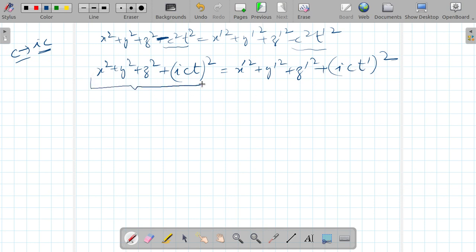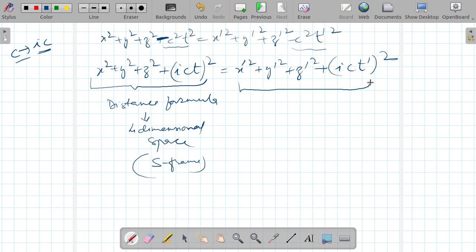This formula looks like a distance formula, or the distance of a point from the origin, but not in 3-dimensional space, but in 4-dimensional space. This also, but in the S frame.